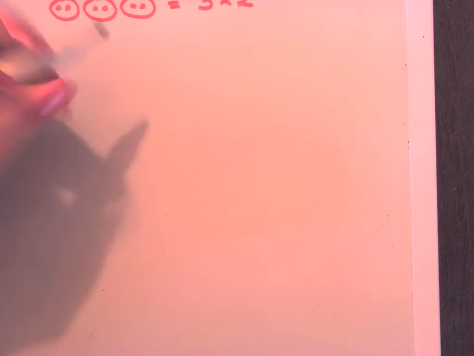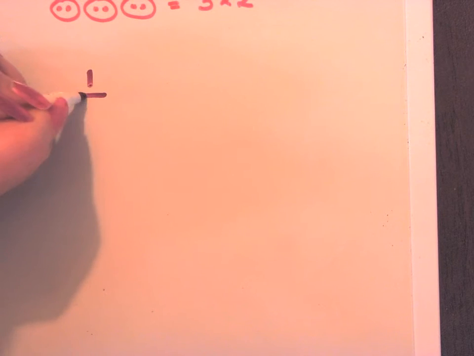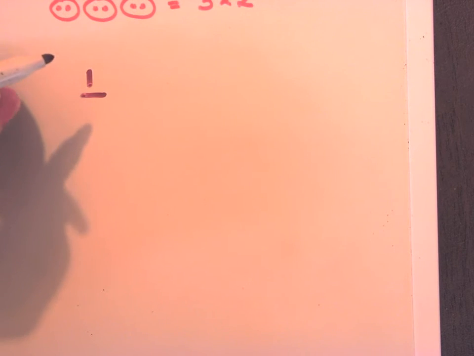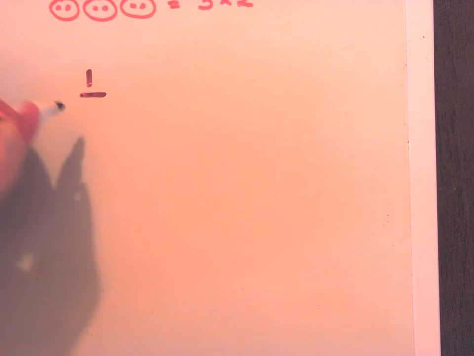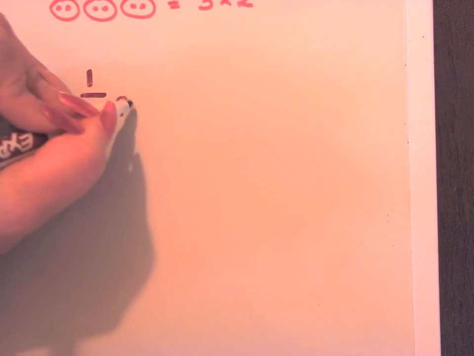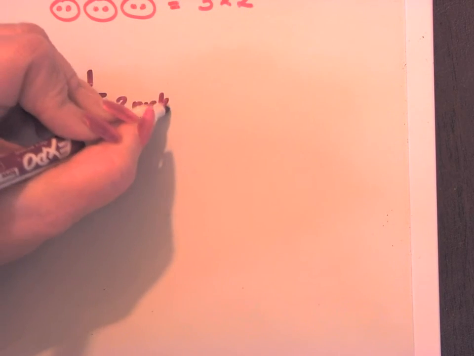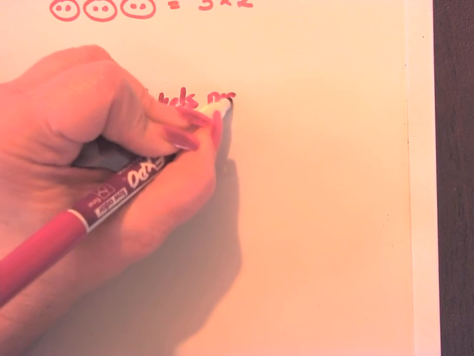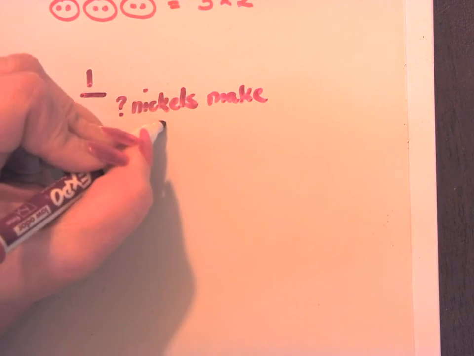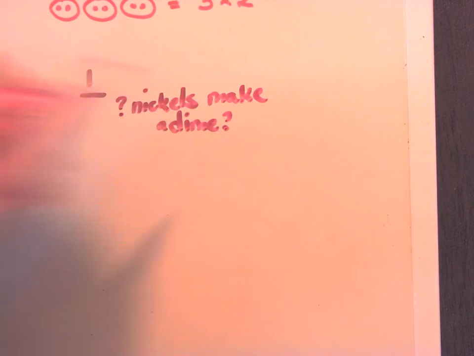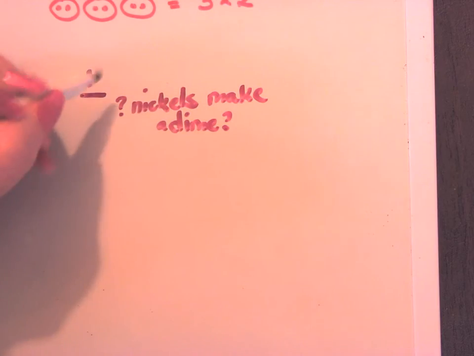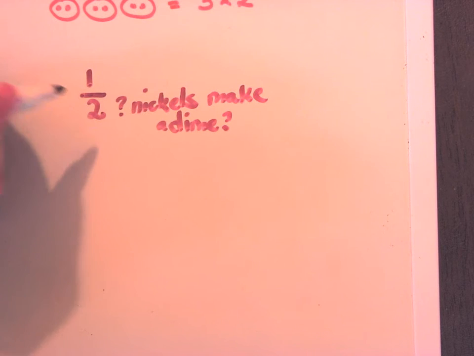I have a nickel, 1, and it's a fraction of a dime. So I want to ask myself, how many nickels make a dime? Well, 2. So we'd have 1/2.